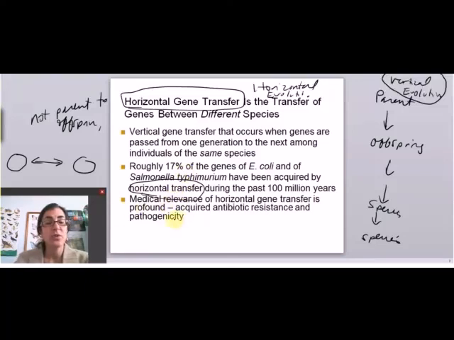And it's super important to realize this in a medical context as well, because if 20% of the genetic material of bacteria is coming through this horizontal gene transfer, then the traits that we don't like in bacteria, like antibiotic resistance and pathogenicity, are also being acquired through these mechanisms. And so it's something that we have to be aware of, especially when we're trying to control antibiotic resistance in places like hospitals. So that is going to be a challenge for humans as we go into the next 50 years as more and more of our antibiotics stop working.